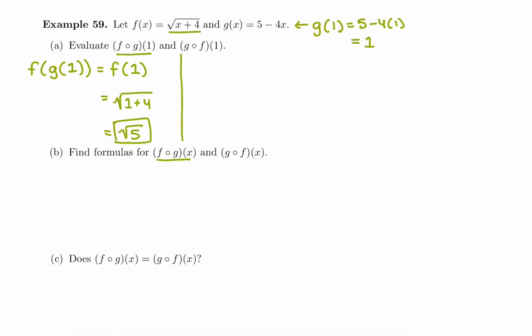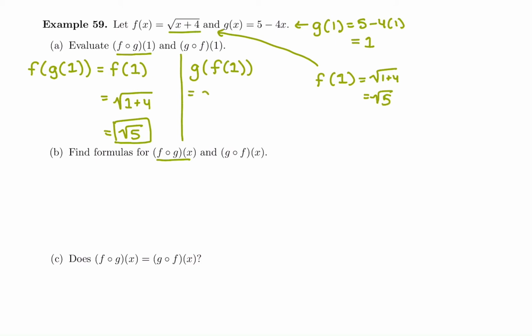We're going to see if that is the same as doing it the other way, which is g of f of 1. We always work our way from the inside out. So I'm going to start by plugging in f of 1. If I plug in f of 1, I'd get the square root of 1 plus 4, which gives me the square root of 5.